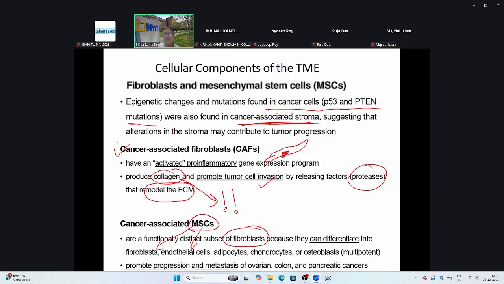So essentially, those are the cancer stem cells, or a type of cancer stem cells. They can become bone cells, they can become other things, depending on what the cancer tumor wants. And so they promote progression and metastasis. And we found that they are particularly important for ovarian, colon, and pancreatic cancers.